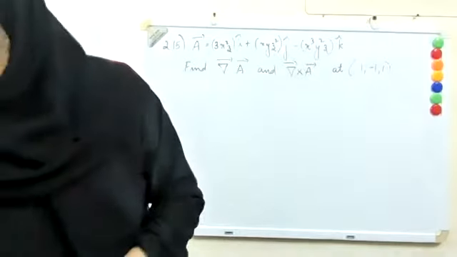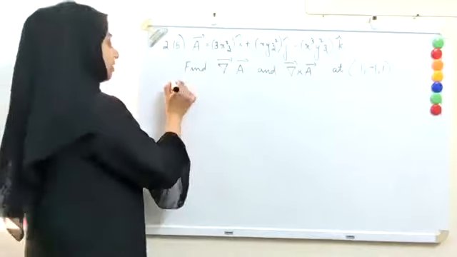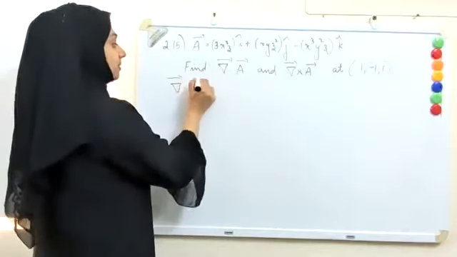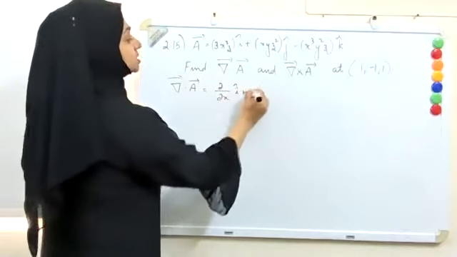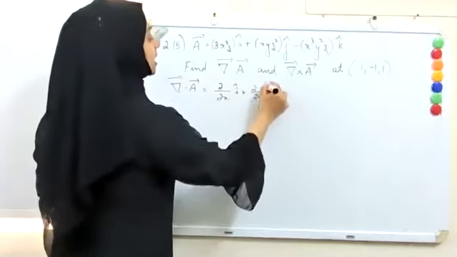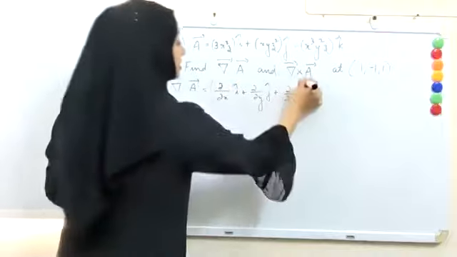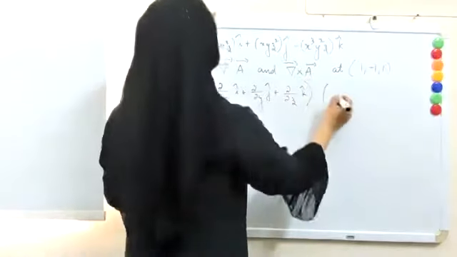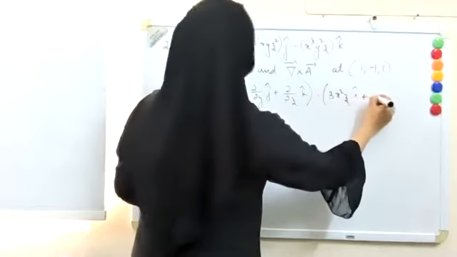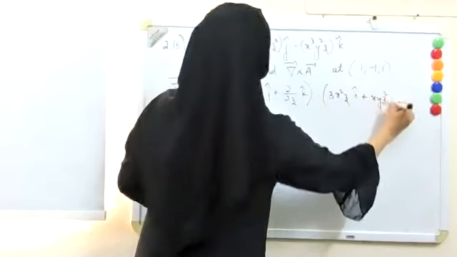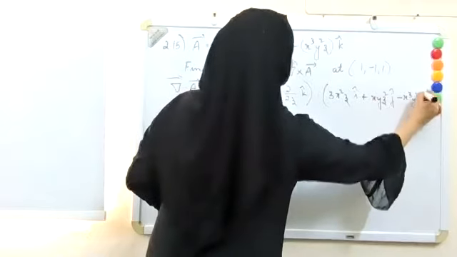So you can first find the divergence del dot A. So del dot A is equal to, you know, ∂/∂x i cap plus ∂/∂y j cap plus ∂/∂z k cap, dot this vector A, that is 3x square z i cap plus x y z square j cap minus x cube y square z k cap.